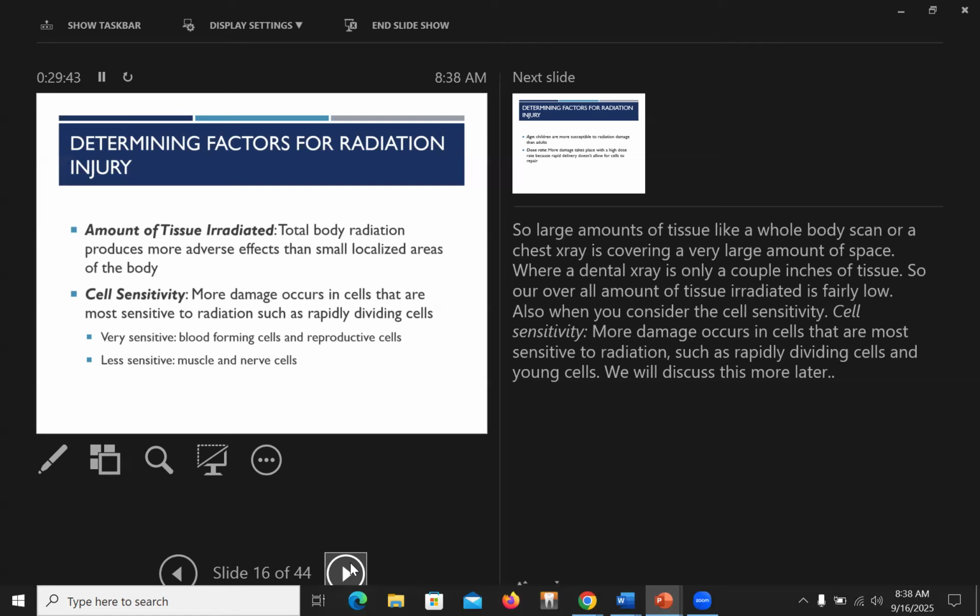And then within an adult, you think of the things that rapidly divide. What do you make all day long that keeps you alive? Blood. Things like blood cells, you're constantly making in your bone marrow. And so anything of that nature of cell. Now, what kind of a cell do you think doesn't grow and change super rapidly?